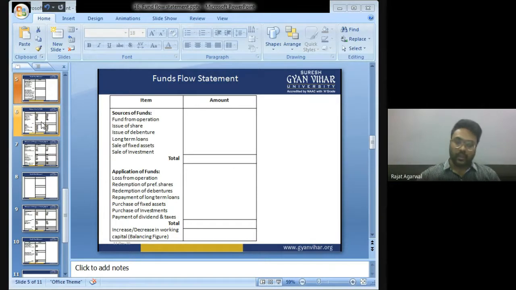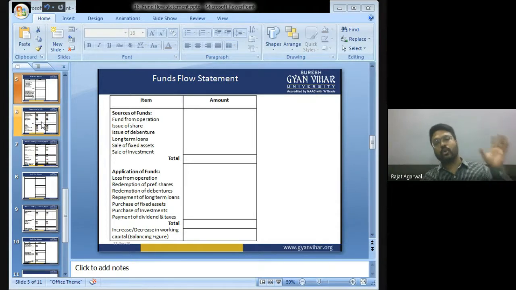Funds will go, so it is an application of fund. Purchase of investment: funds will go, so it is an application of fund. Payment of dividend and tax: the fund will go, so it is an application of fund.